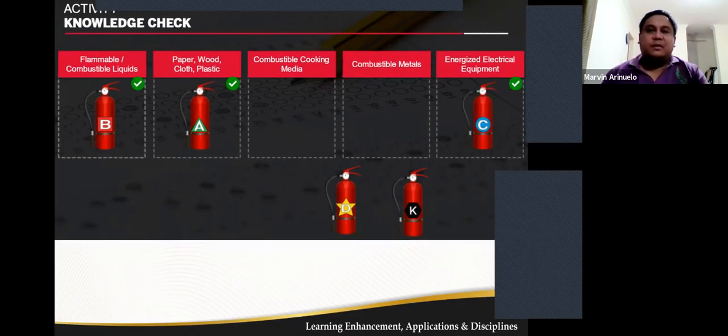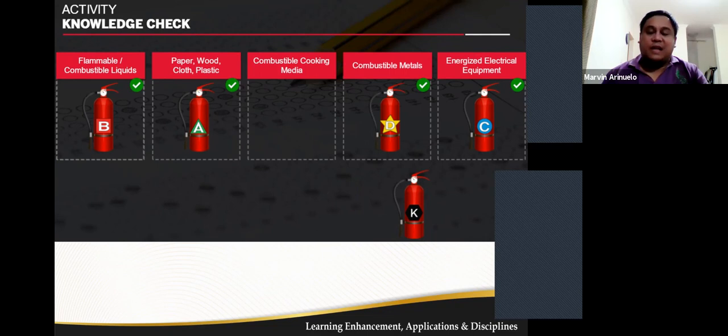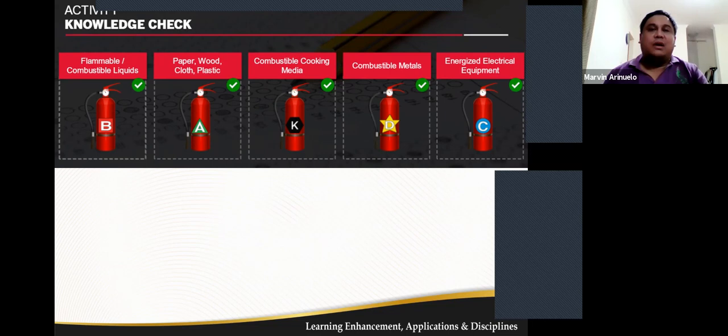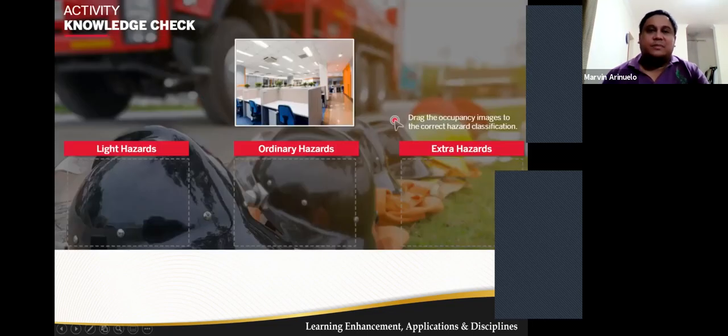Class K is for combustible cooking media, animal or vegetable fat. Sorry, Type K is for cooking. And metal fire is for Class D fire. So that makes our extinguisher set complete, which we discussed already many times.